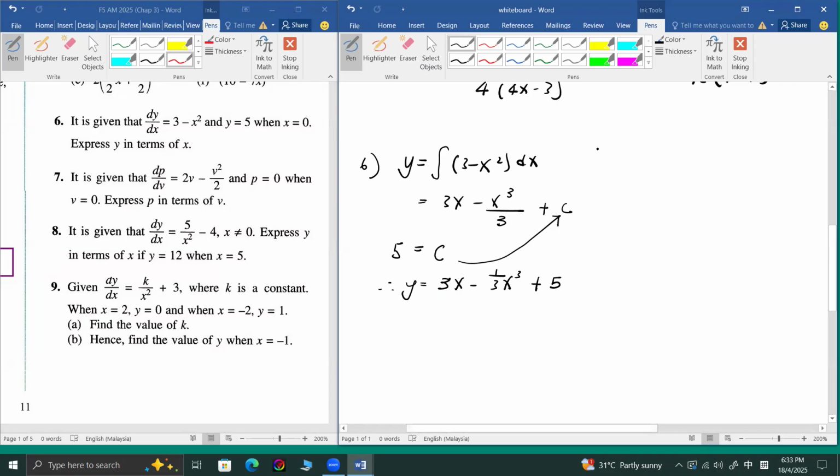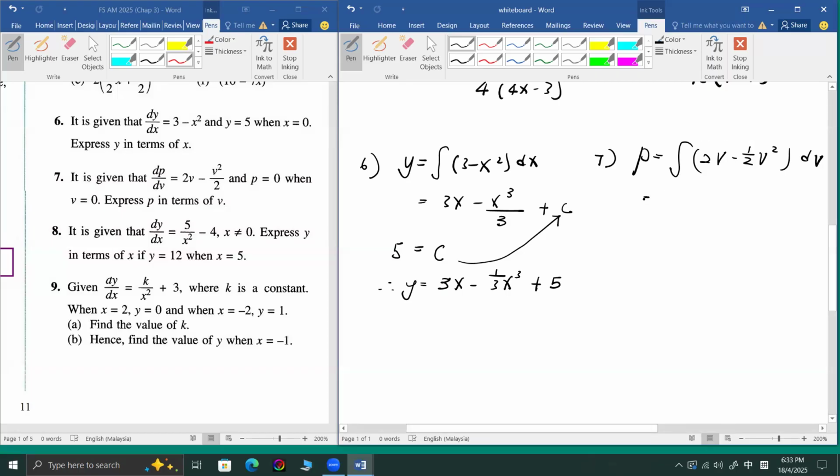Okay, question 7. You're asked to express P in terms of V. The same thing. So you see, 2V minus half V squared dV. Because you integrate P with respect to dV, you can leave it like this. V squared per 2 is okay, because I like to write the coefficient beside here.